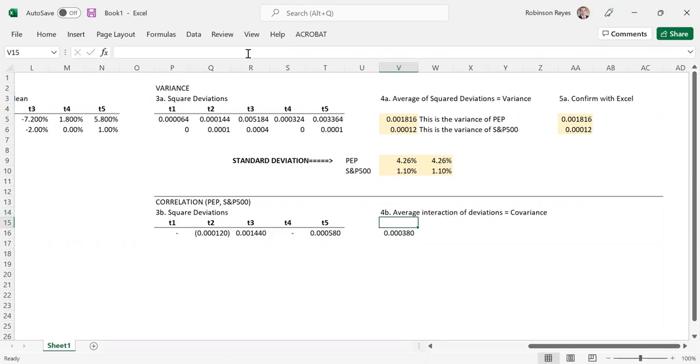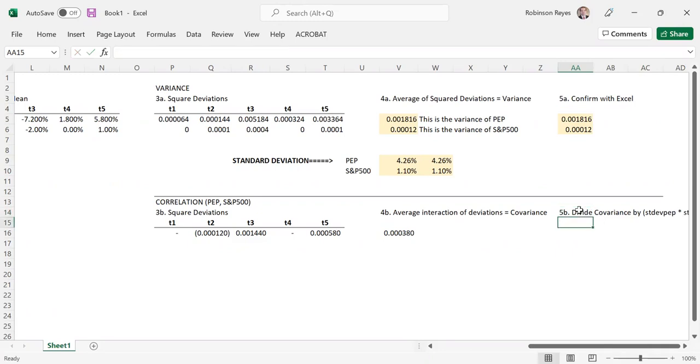Okay, and the last step, we have one more step, which is not just confirming with Excel, which is we need to divide by the standard deviation of asset 1 and by the standard deviation of asset 2. So step 5b will be: divide covariance by, and then I'll open a parenthesis, standard deviation of Pepsi multiplied by standard deviation of S&P 500.